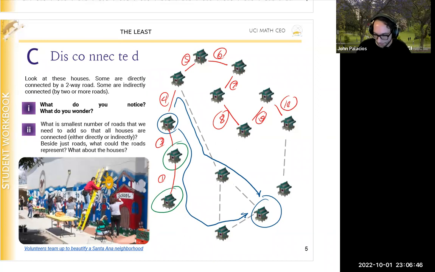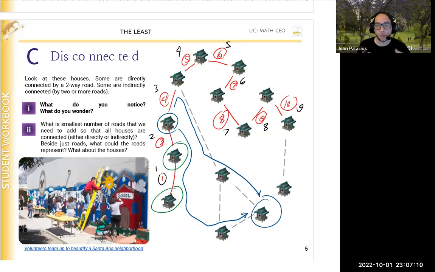We can count this. This is 1, whoops. 1, 2, 3, 4, 5, 6, 7, 8, 9 roads. Now it seems that we've connected our houses with 9 roads. And you could check and ask your students, is this the least number of roads?